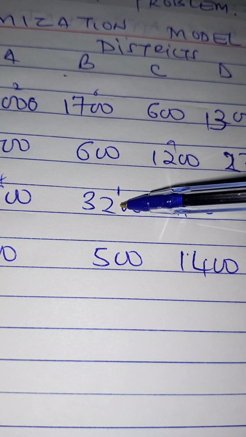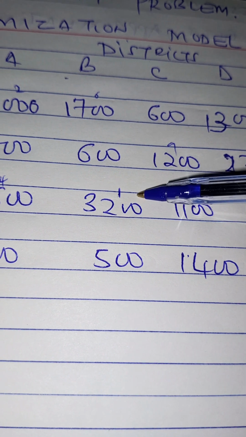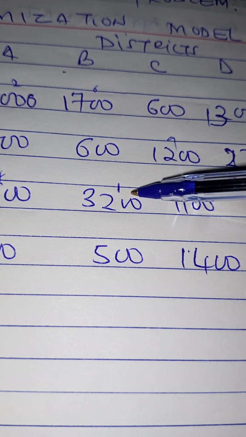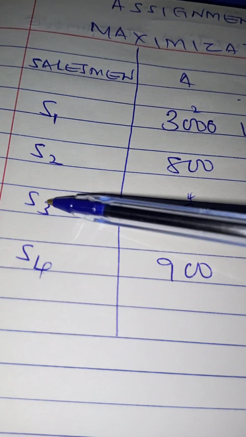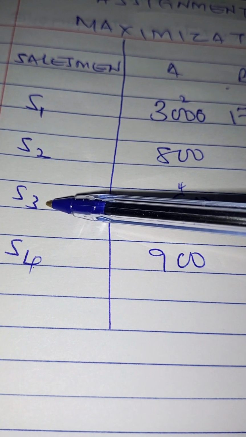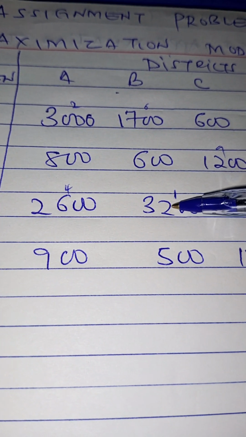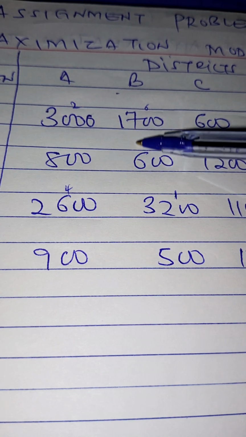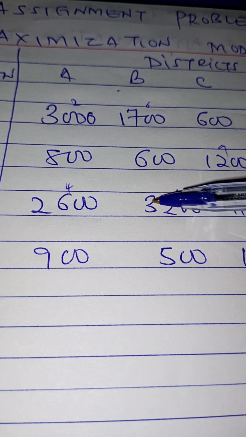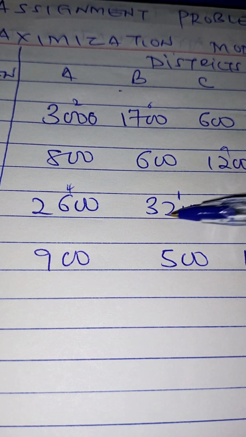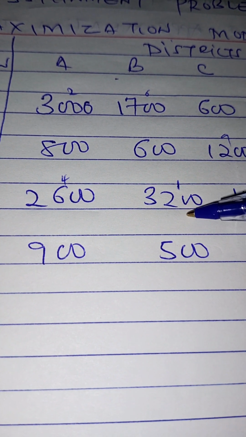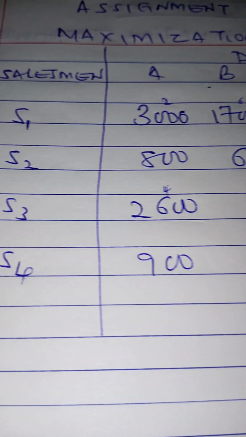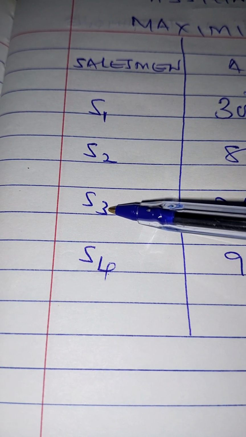figure is 32. The 200 is the highest revenue, and that corresponds with district B and being worked by salesman 3. So if we were to assign salesman 3 to district B, they would give us the highest return. And therefore, we allow ourselves to assign B to the salesman S3.